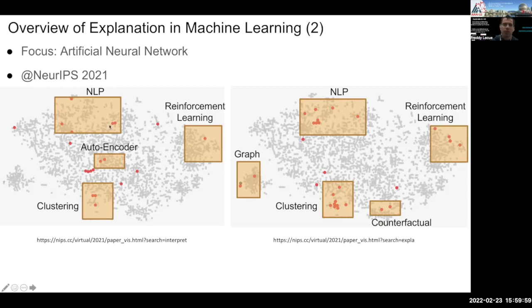So there is work trying to get explanation on NLP language models, autoencoders, clustering is getting more attention, reinforcement learning, and you see on the left and the right, it has just used different terms, so interpretation, explanation. But do you get a sense of what people are doing in the machine learning community?